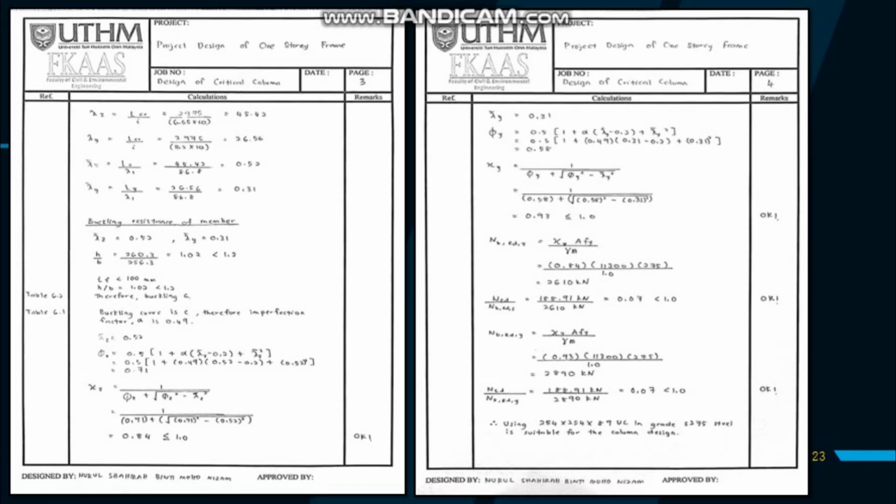Then the axial force value was divided by each of these values, which gives 0.07 for both answers. This shows that both values have passed as they are less than 1.0. Therefore, it is concluded that using 254 multiplied by 254 multiplied by 89 UC in grade S275 steel is suitable for the critical column design.